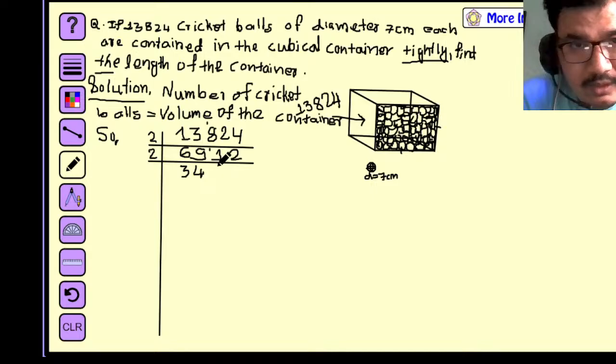Then 2 5s are 10, and 1 remainder goes here, and then 2 6s are 12. Now let's draw a line.